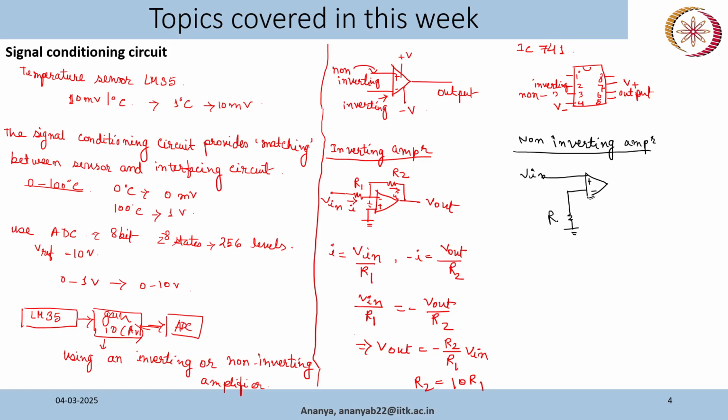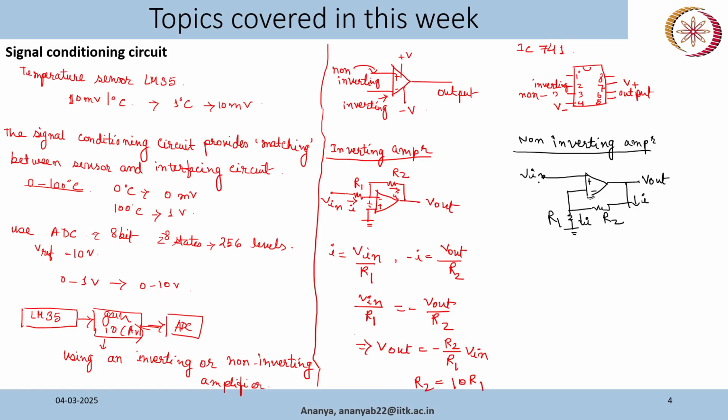This is our R1. This is our output voltage, and this is R2. So current I flows through it, and the same current flows through here also. So this current I is flowing like this.